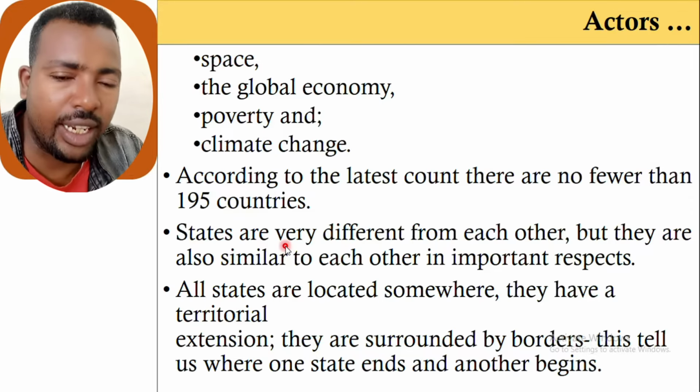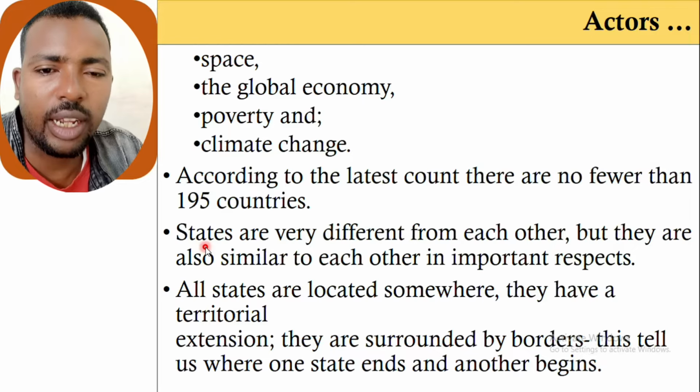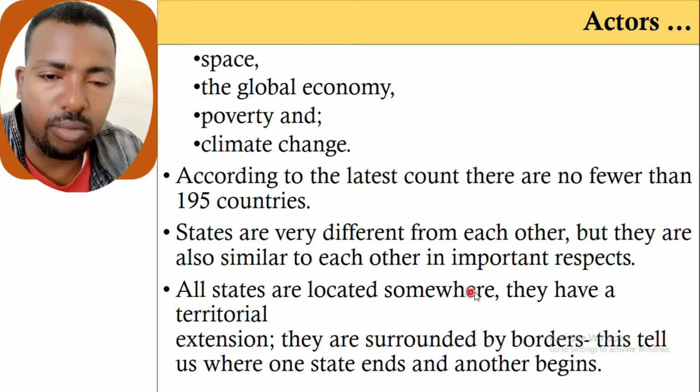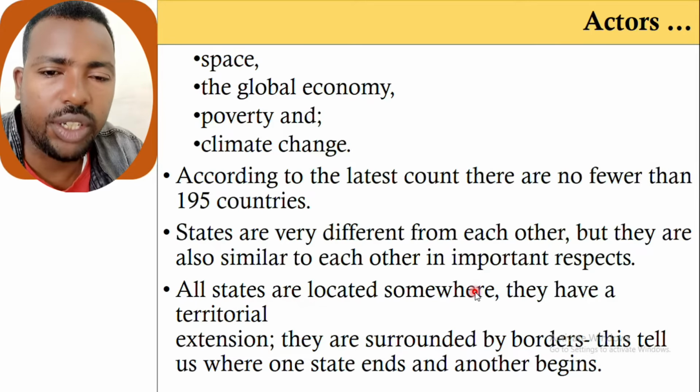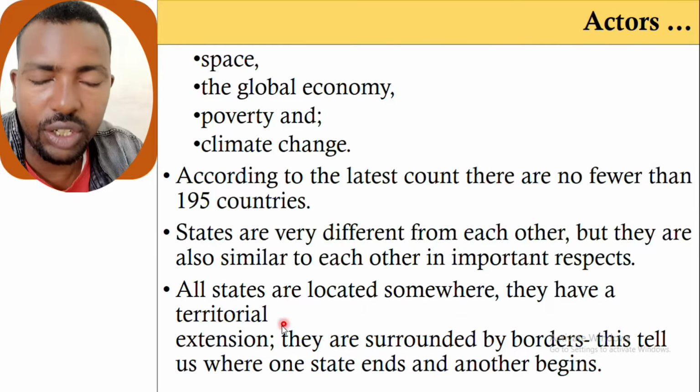States are very different from each other in terms of their politics, people, culture, and so on. They are similar to each other because all states are located somewhere. Geographic location is a common characteristic. They have territorial extension.